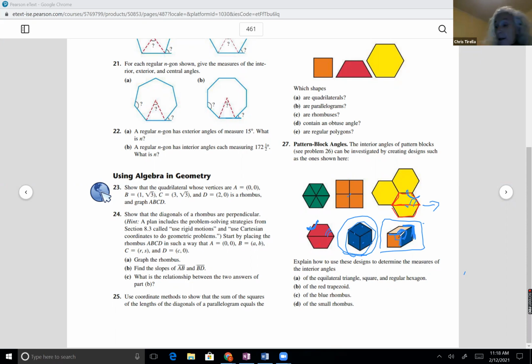If it's still not clear, I will make myself a note right now to pull up the virtual pattern blocks, and we can revisit this question with those virtual pattern blocks on Wednesday. Okay? Okay.